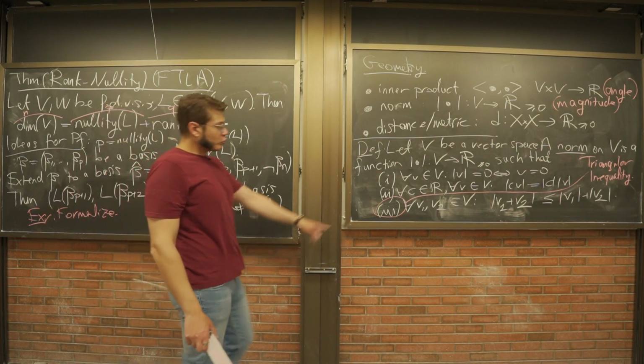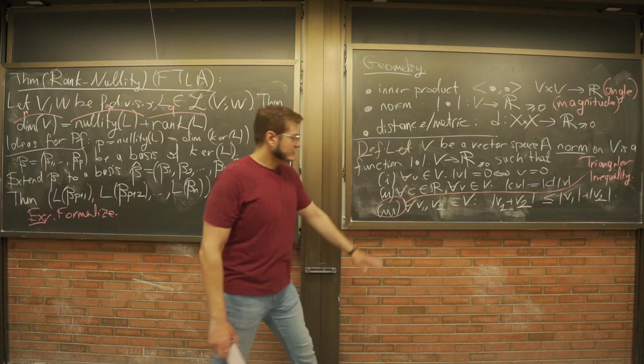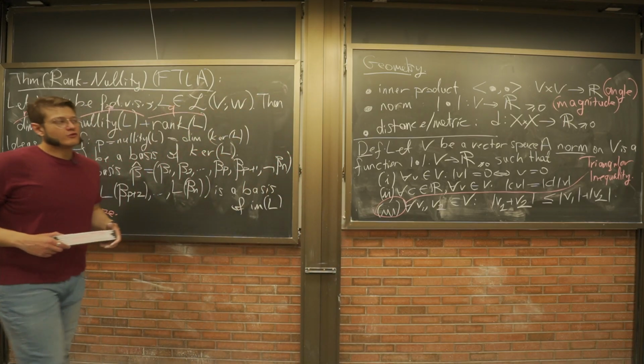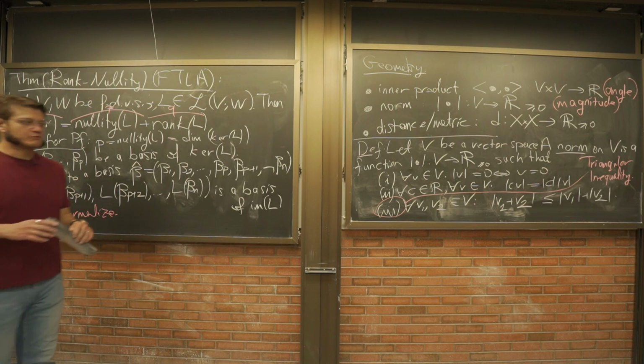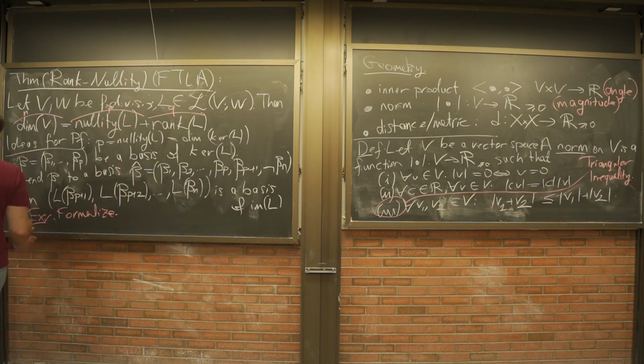And if I have 2 vectors, and this is all there is to it, this third statement is about 2 vectors only, I can just look at the plane that contains both of them, assuming that these are linearly independent, of course.